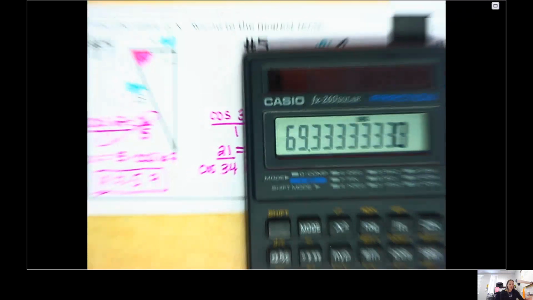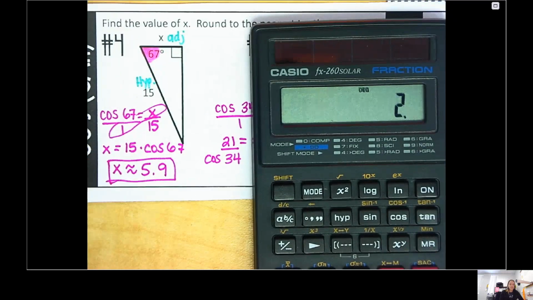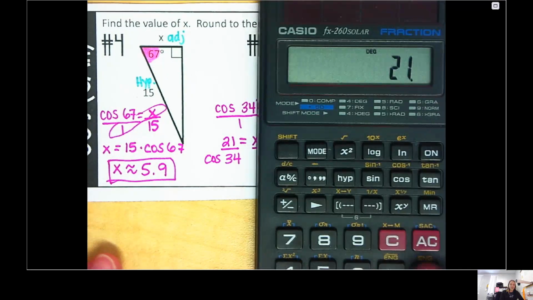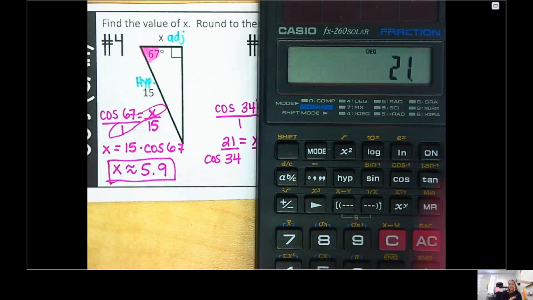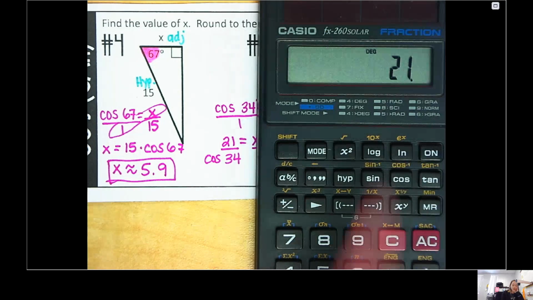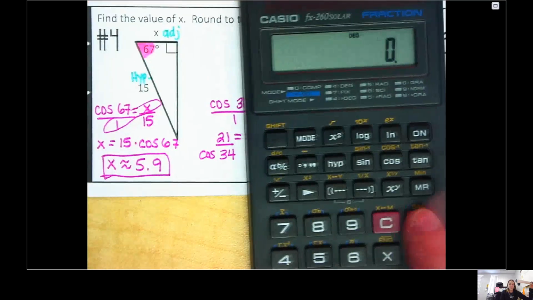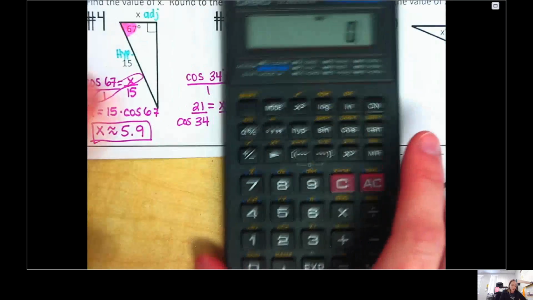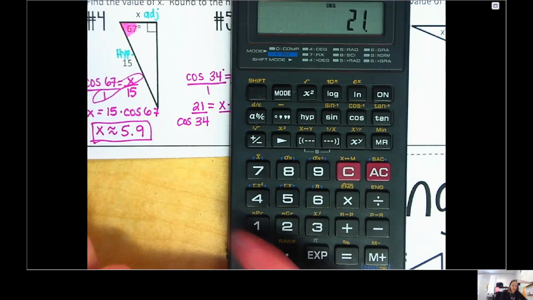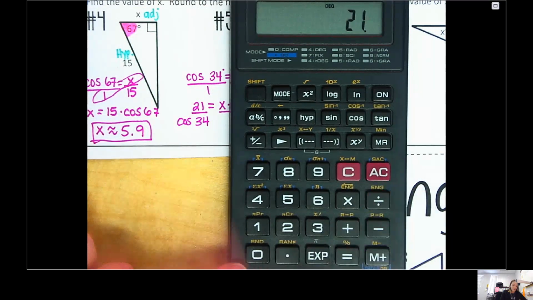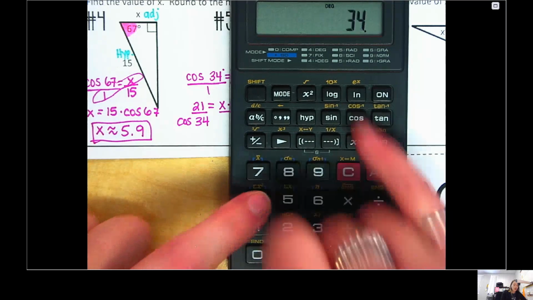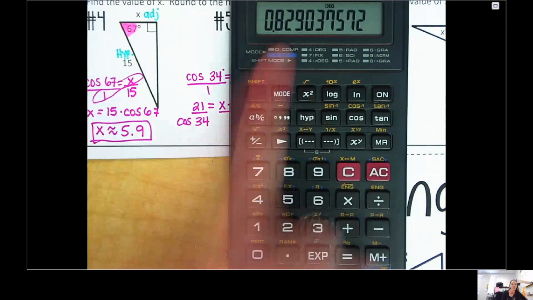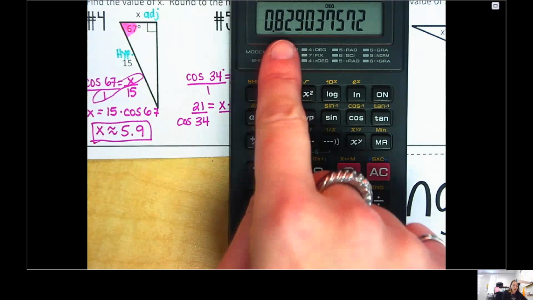If you've got this calculator, or if you're doing it on your phone, you would do the same thing. You would push 21 divided by, now when you go to put in cosine of 34, you have to put the opposite in. So let me zoom out so you can really see this here. Okay, 21 divided by 34 cosine. Now that's just the 34 cosine.